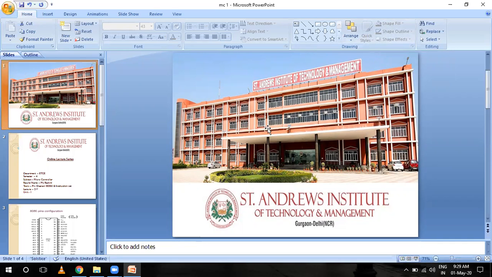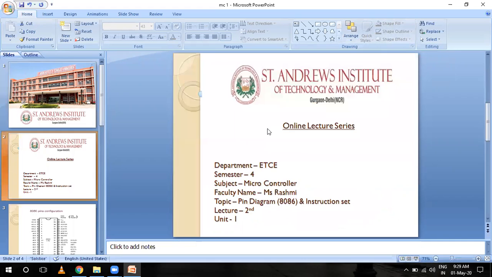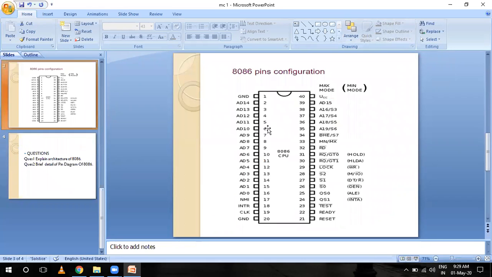Now, today's topic is the pin diagram of 8086. In the last lecture, we discussed the architecture of the 8086 microprocessor. So, in this lecture, we will discuss the 8086 pins one by one.